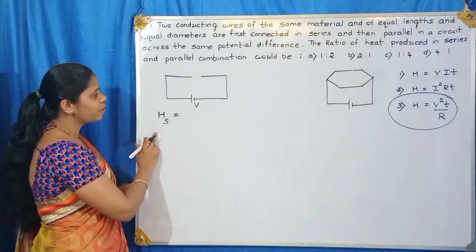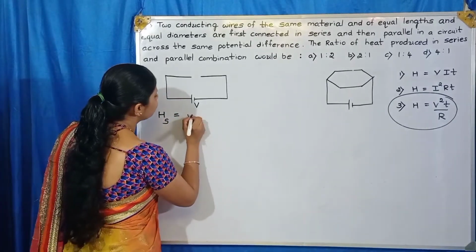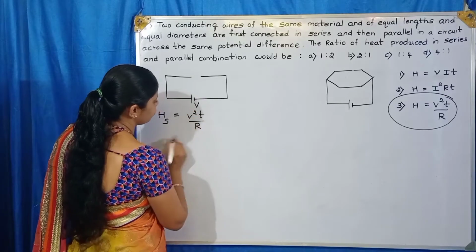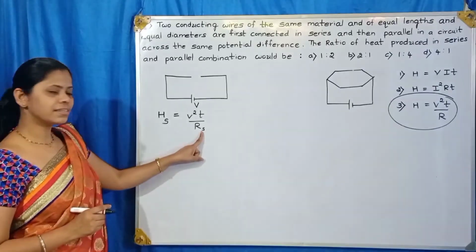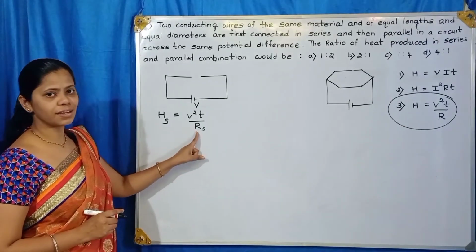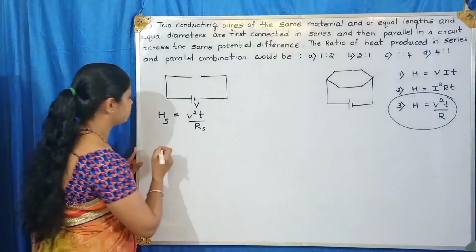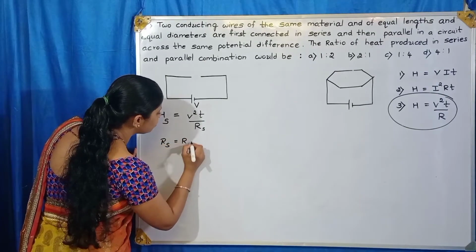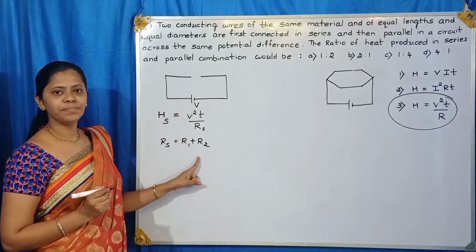Heat produced when they are connected in series, Hs is equal to V square T divided by R. Here R means the equivalent resistance when they are connected in series. So first let's find out this Rs. Rs is equal to R1 plus R2. Isn't it?